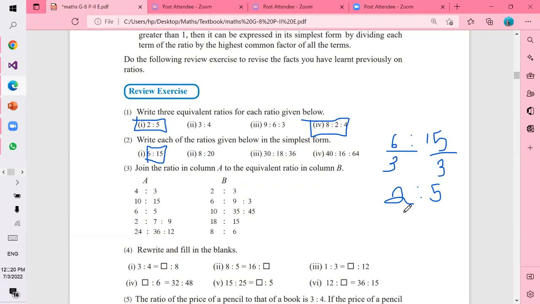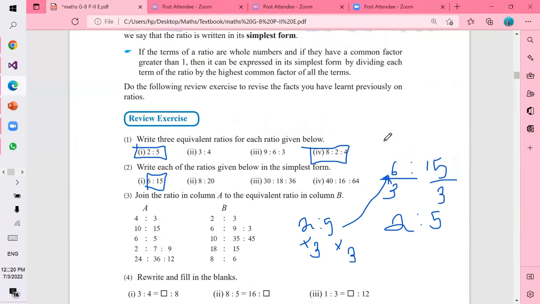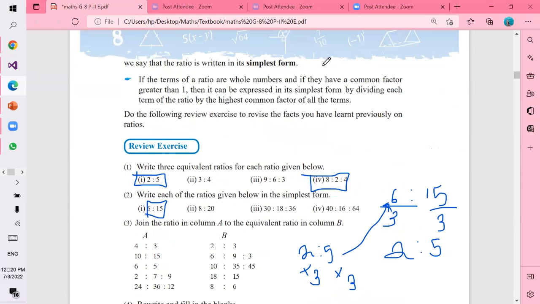Actually, I got the answer 2 to 5. Because if you take the 2 to 5 and multiply both by 3, this answer will come. Not 3 to 5, it's actually 2 to 5, okay?